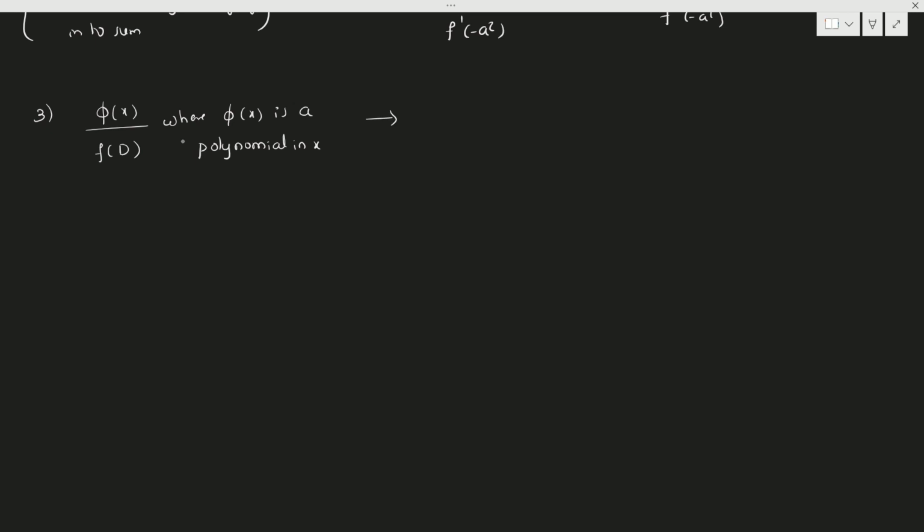We divide phi of x by f of D by writing phi of x in descending powers of x.